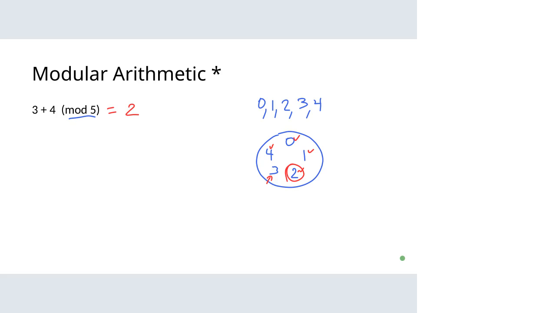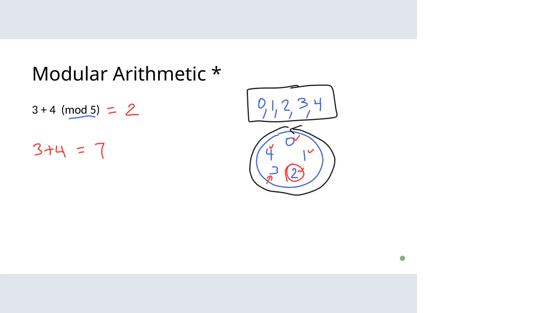You don't have to use a picture, though. Instead, you could do 3 plus 4. Well, 3 plus 4, I know that's 7. The reason that can't be our answer here, though, is because in the mod 5 system, these are the only possible digits. Those are the only numbers I get. 0, 1, 2, 3, 4. So what I need to do then is subtract. I need to go backwards a complete revolution.